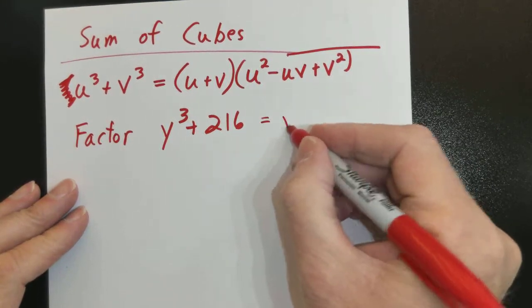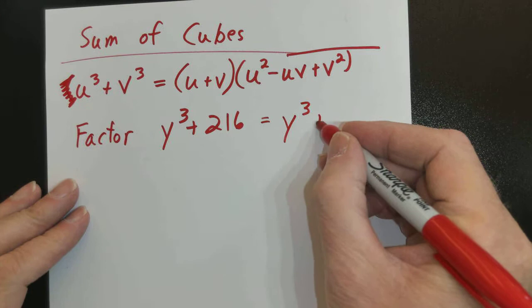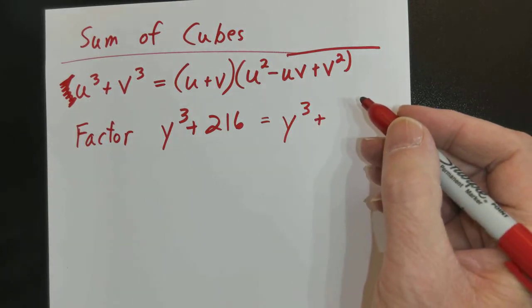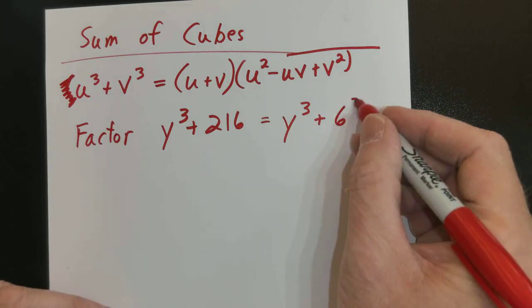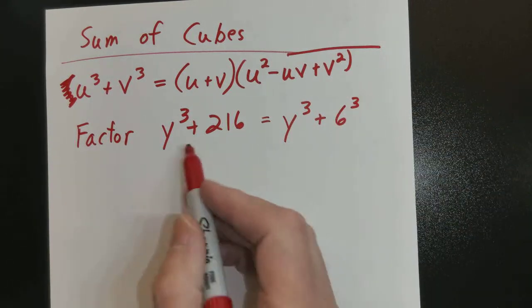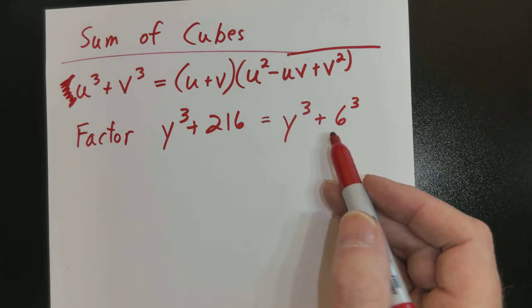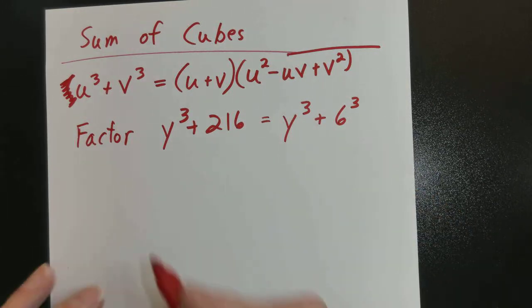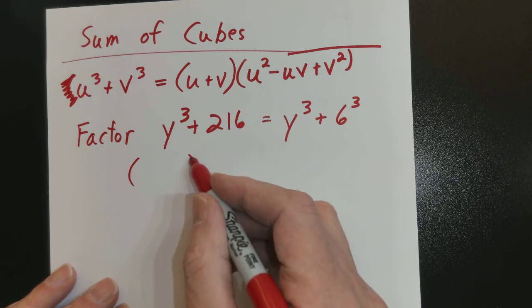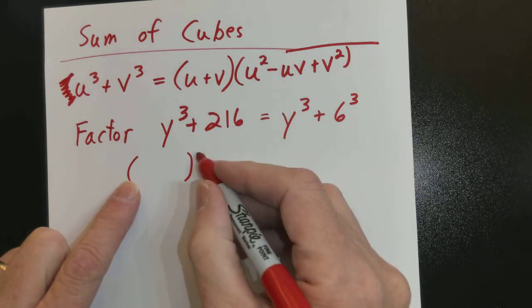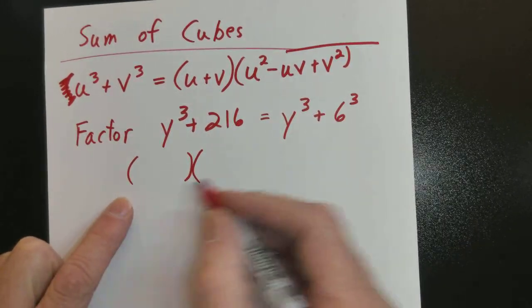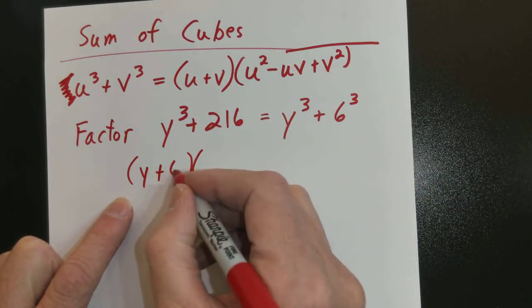The good thing to know is, can we write both of these as third powers? Y cubed is already a third power. Has anybody got a power for 216? Owen? I believe it is. Okay. So rewriting 216 as 6 to the third might help. So what goes in parentheses here? Analia, what goes in parentheses first? Y plus 6. That is correct. Good.